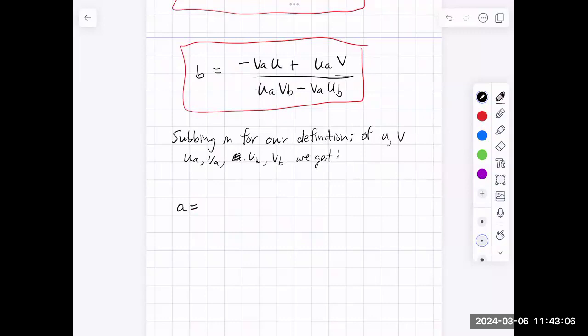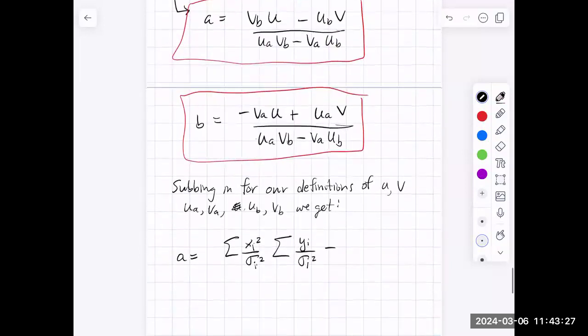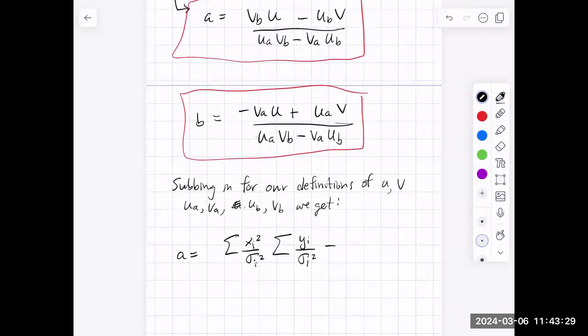So it's going to be the sum of xi squared over sigma i squared. You could double check this, okay? That's an exercise for the student. Double check that I haven't screwed this up in some way. The A has a positive for the first one, and then it's minus something.